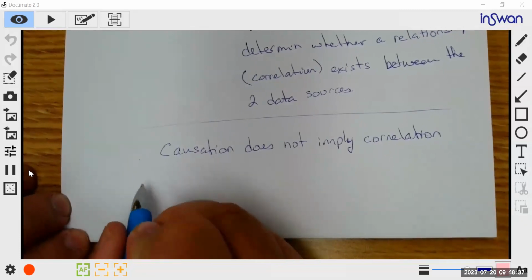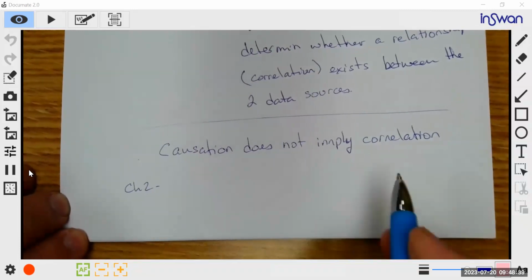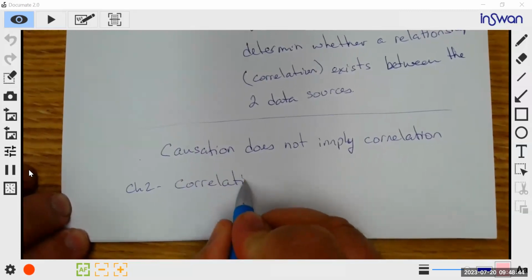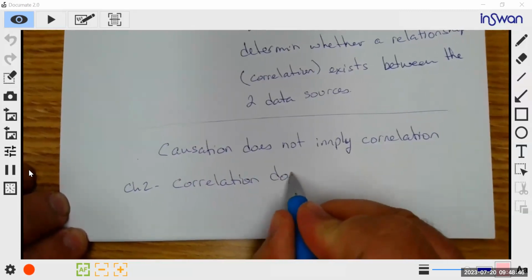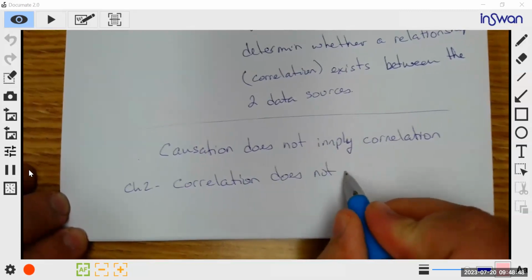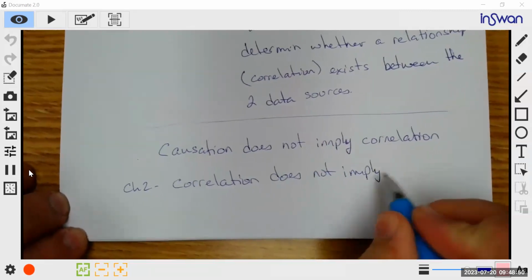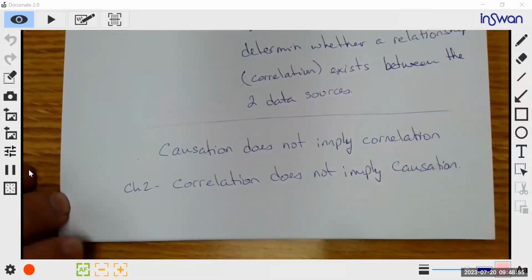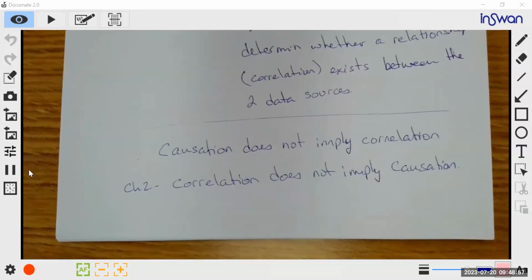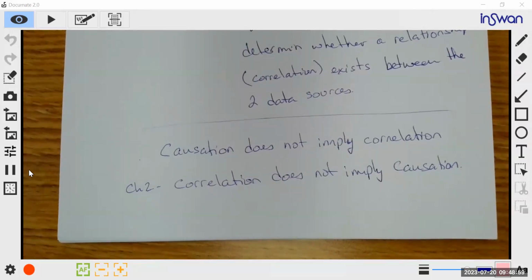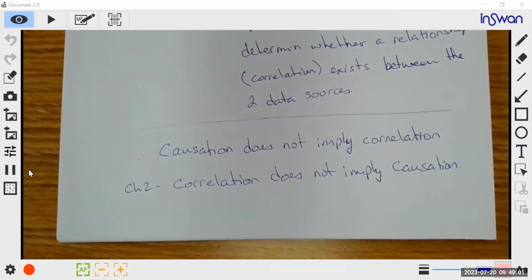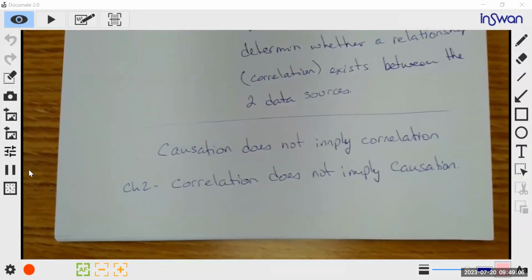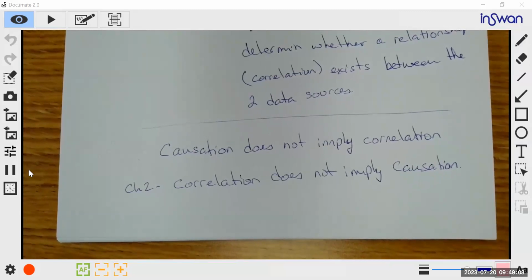In chapter 2, it's just the other way. Correlation does not imply causation. Just because there's a correlation between the graphs, between the numbers, doesn't mean that there's a cause that made it so. It just happens.